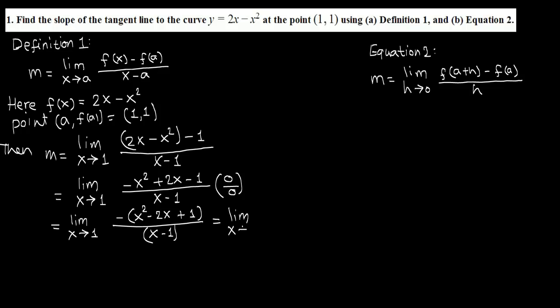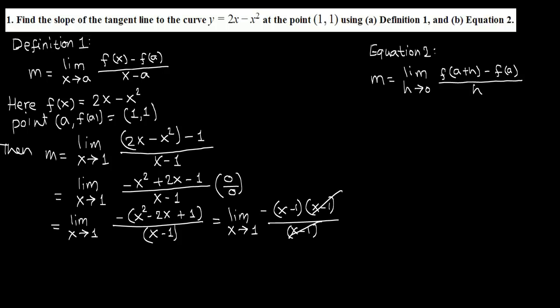The limit as x tends to 1, negative, so that's a trinomial. If this trinomial factors, it factors as a product of two binomials, over x minus 1. So x squared gives x times x. To get positive 1, 1 times 1 is 1, and to get negative in the middle, negative 1, negative 1.